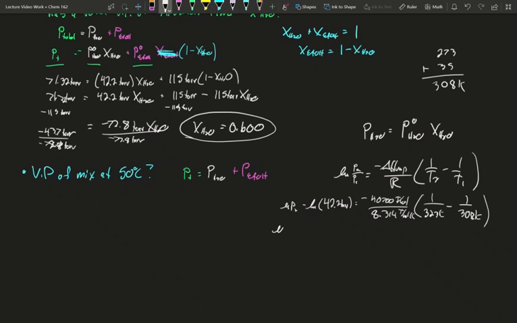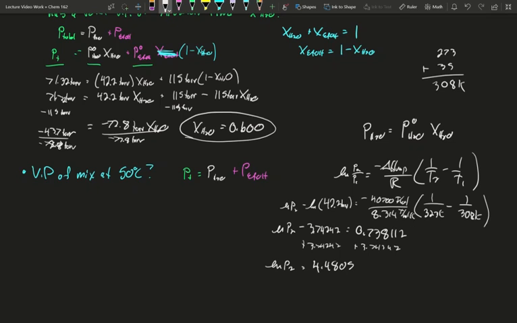Plug these in: the natural log of pressure 2 for our water minus 3.74242 is going to equal 0.738112. Let's add that 3.74 to both sides. The natural log of pressure 2 is going to be equal to 4.4805. Does that make sense?